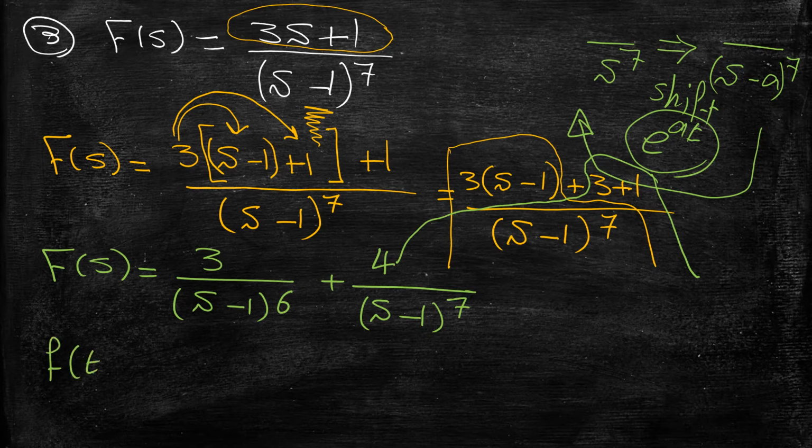F(t) will be the inverse of this one. You can think about it in an easy way: you can cancel the shift here and here and return this to the original form, which is e to the power 1 t.